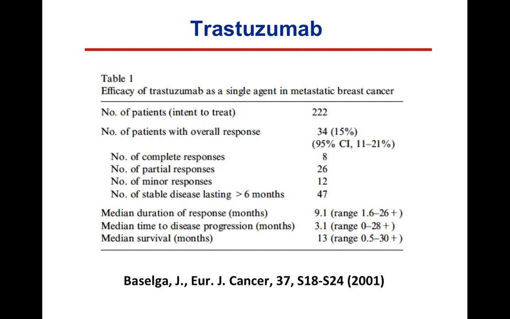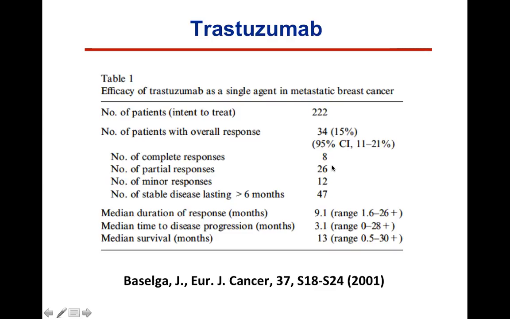Now, if we look at some of the clinical data, this is an early clinical study in which you can see that, out of 200 patients, the number of patients with overall response was about 15%.